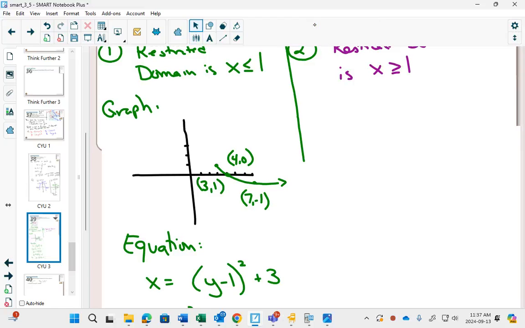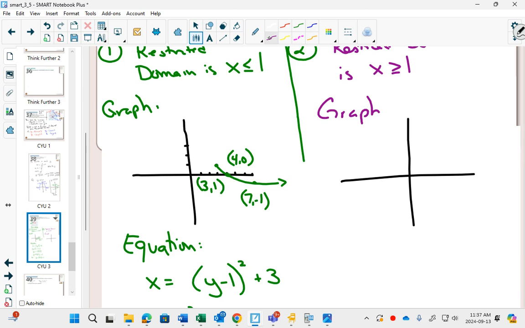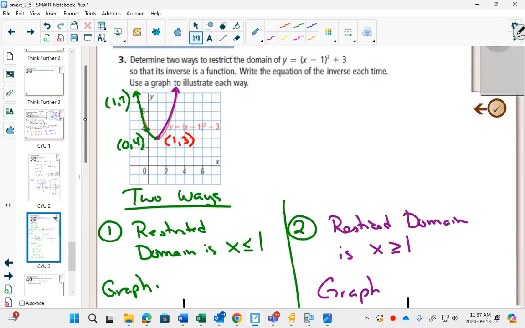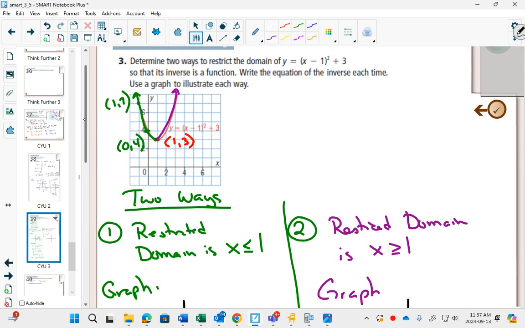Now we're going to do the same thing in purple, for x greater than 1. We're going to graph it first. We're going to look at our original graph and say, what are some points I can label on here? I know we have 2, 4, and 3, 7. Those are all on the purple side of the original graph.